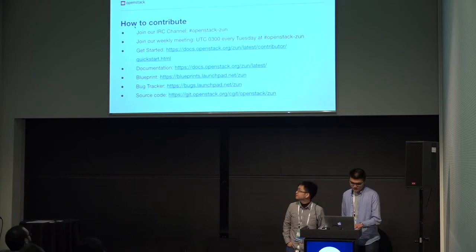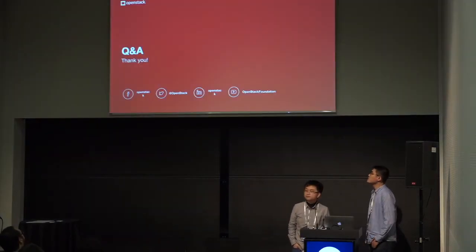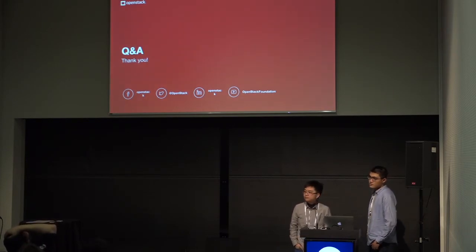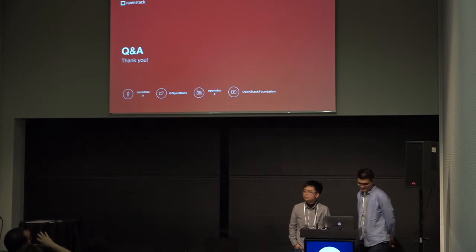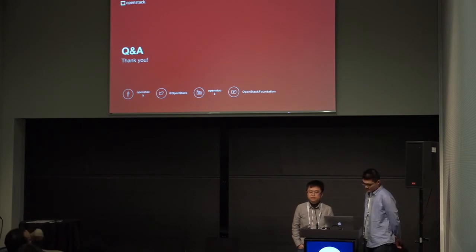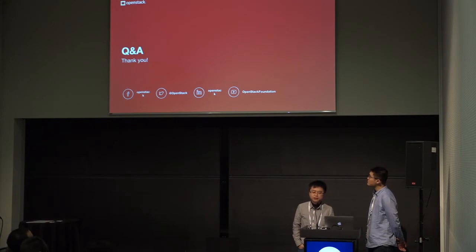Okay. Any questions? When did you diverge from Nova at the beginning? Why did you choose to make a proper separate project from Nova, which is already handling the VMs and the environmental scheduling, etc.? In Nova, the Nova API is designed for VMs, and the container API has some overlapping functionality with VMs, but there are other parts of the functionality that do not fit into the VM APIs.